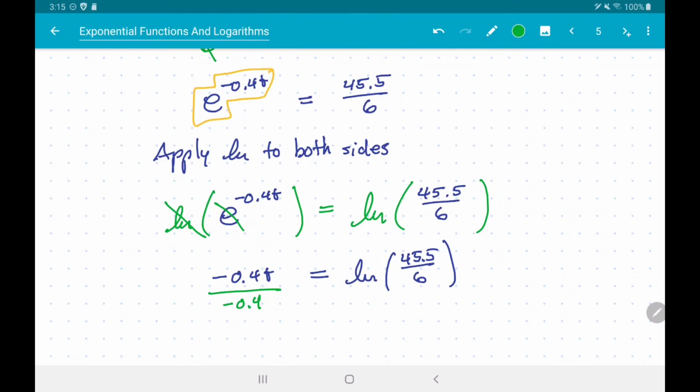Now, just think for a minute. Where exactly does the division by negative 0.4 go over here? Yep, it has to go like this. The entire ln of 45.5 over 6 has to be divided by negative 0.4. In particular, we are not dividing somehow up inside the logarithm.